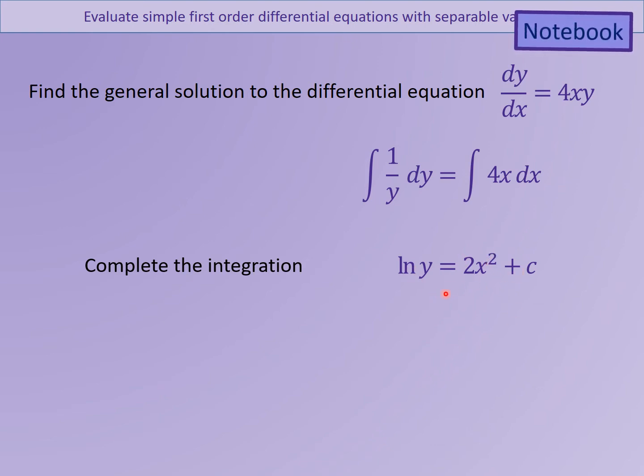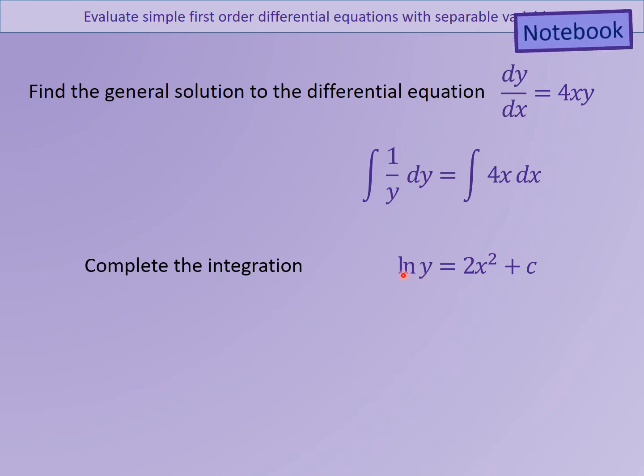Notice that you don't need to put a constant of integration on both sides. Just the one side, just put it on at the very end, is all you need. The reason why you only need it on one side is because if you had plus c here and then plus k here, you could put those together and it would still be a constant value.